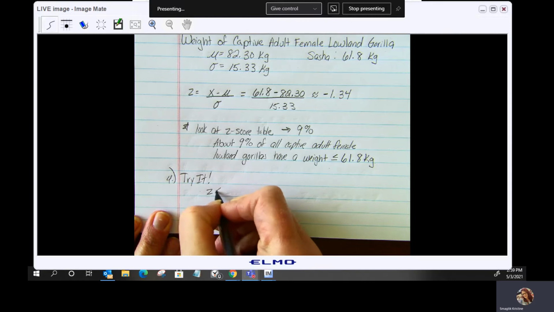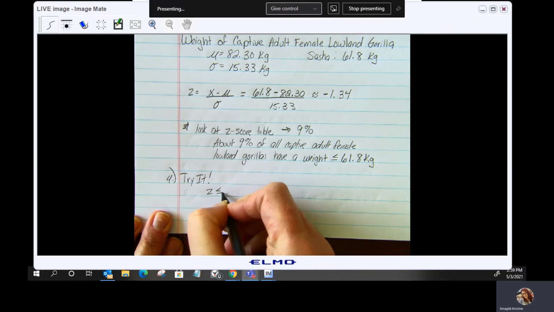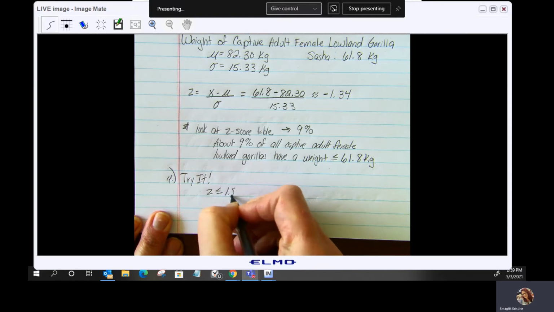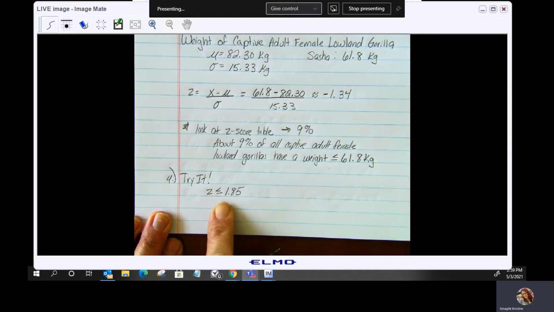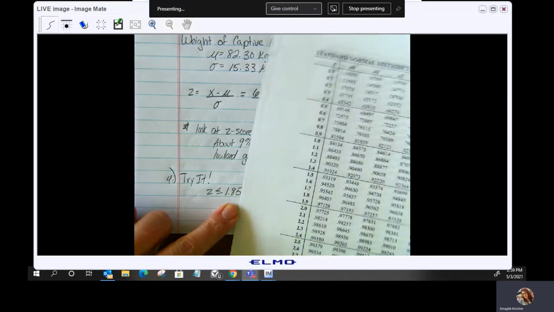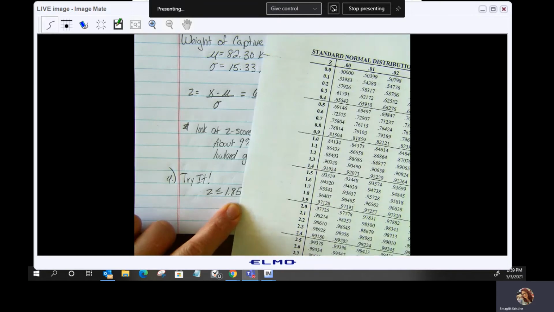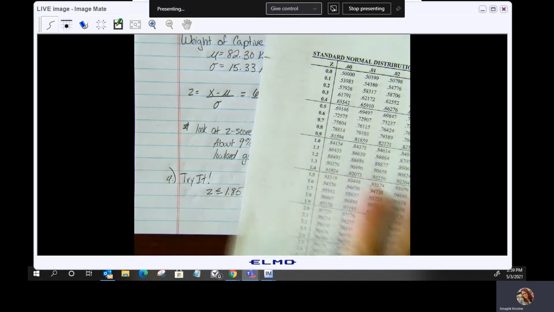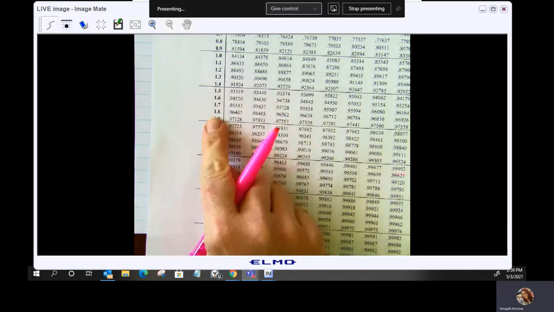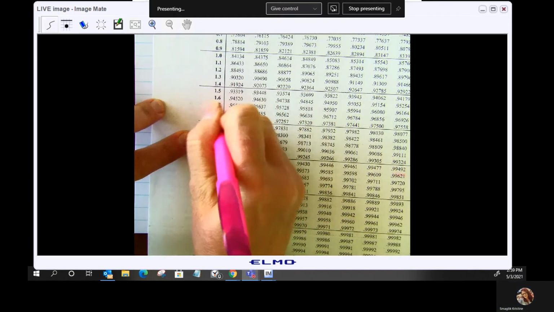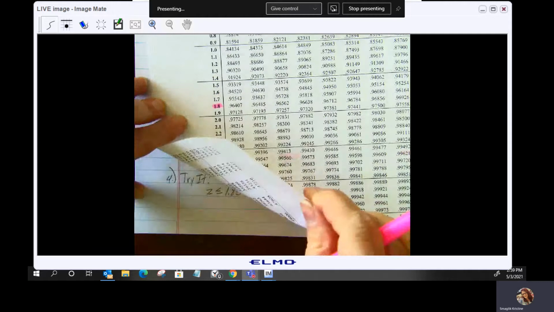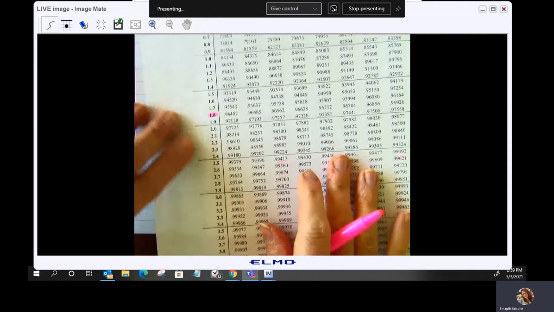We are looking for z-scores less than or equal to 1.85. So I'm going to grab my z-score table. 1.85 is positive, so I'm on the positive side. I'm going to look for 1.8, and here it is. And my hundredths unit was 5.